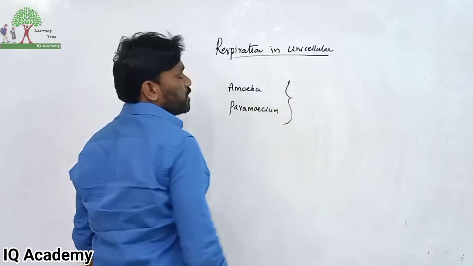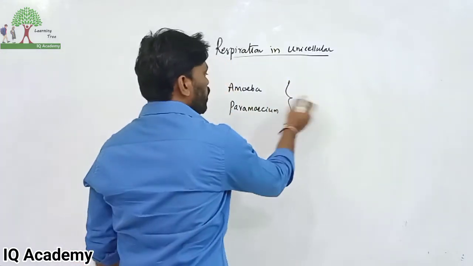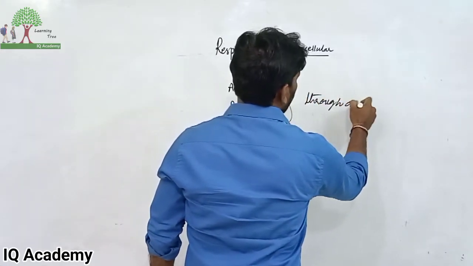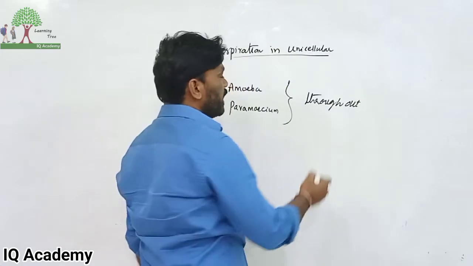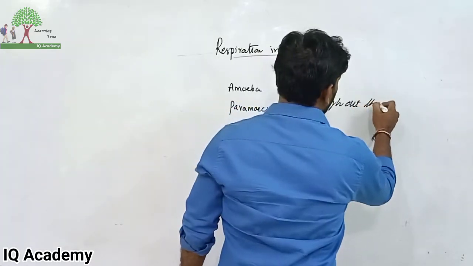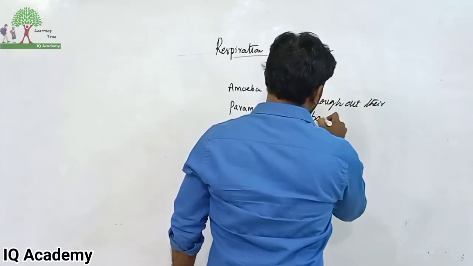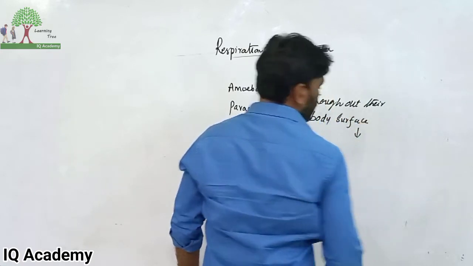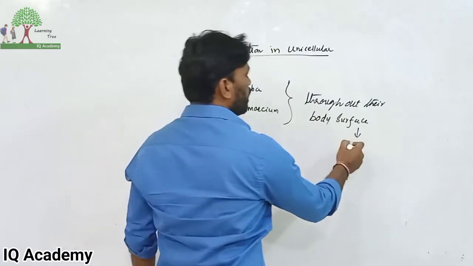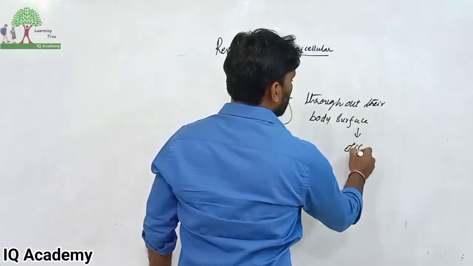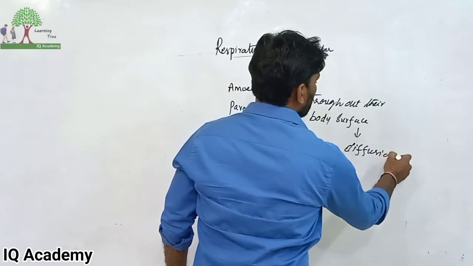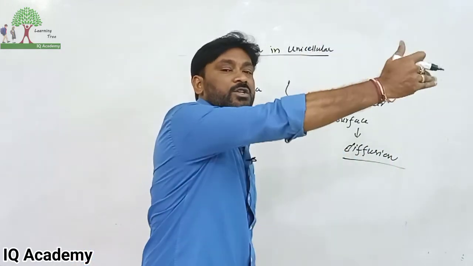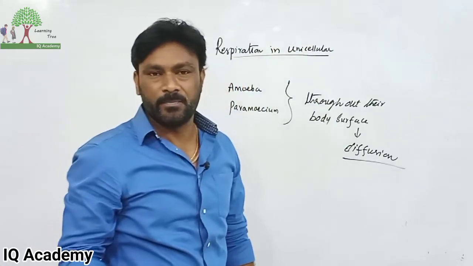Here the respiration takes place throughout their body surface. Exchange of gases takes place throughout their body surface in the form of diffusion, which is the movement of molecules from higher concentration to lower concentration.